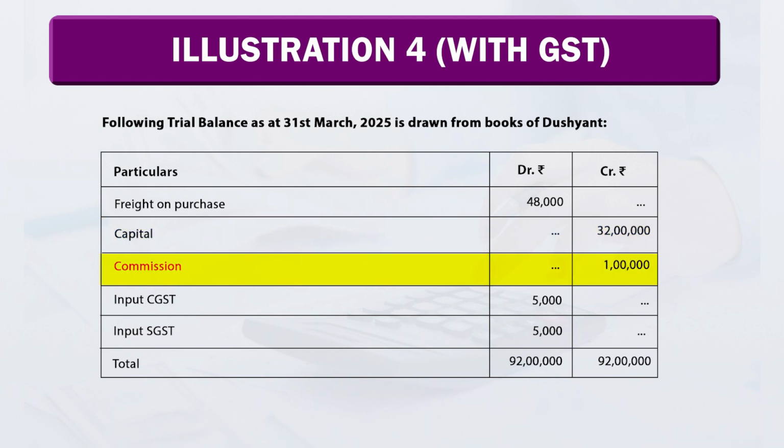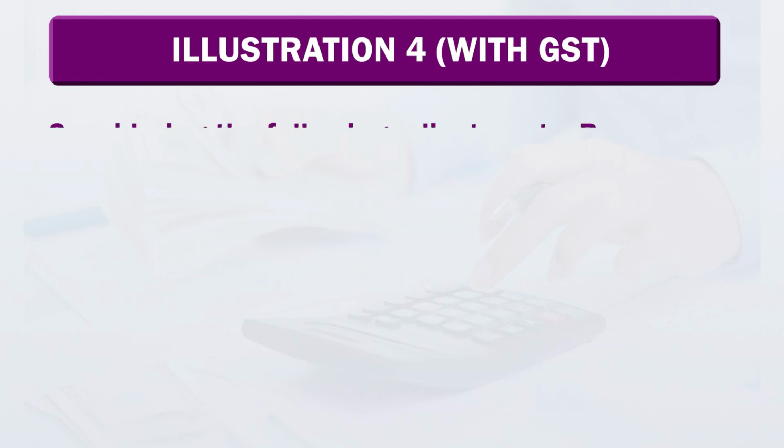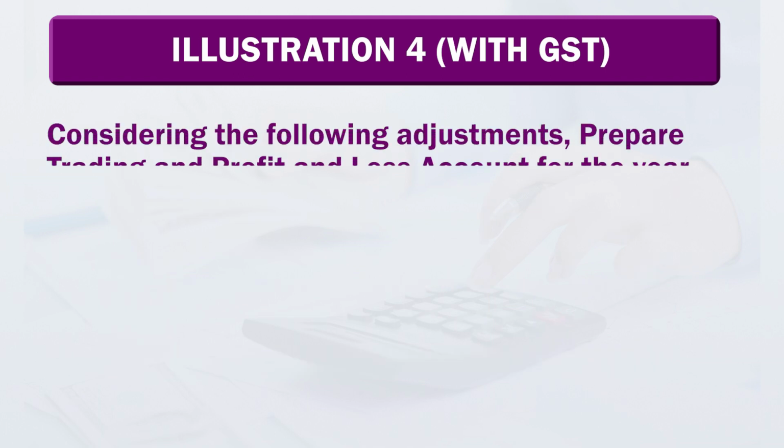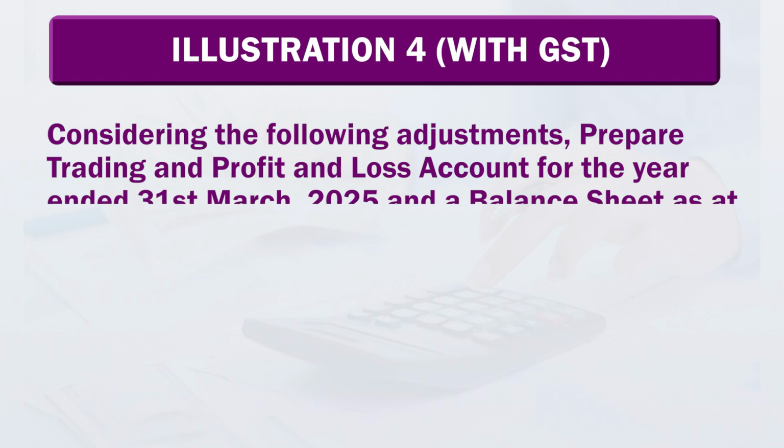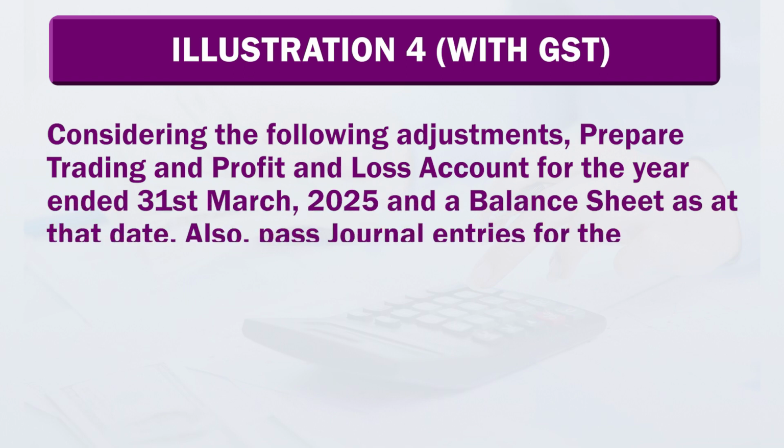Commission income of rupees 1 lakh is given to us, having one effect of adjustment that we will see in the subsequent course. Input GST which we have paid is 5,000 rupees, and the total of the trial balance is 92 lakh. Considering the following adjustments, prepare the trading and profit and loss account for the year ended 31st March 2025 and the balance sheet as at that date. Also pass journal entries for the adjustments.